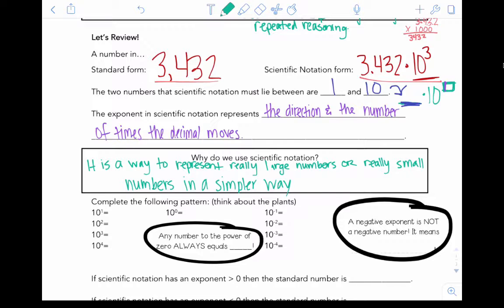What the 10 to an exponent is telling us is how much our decimal moves. So really all that we're going to be doing when we're converting between numbers is moving the decimal around. So let's just think about our powers of 10.